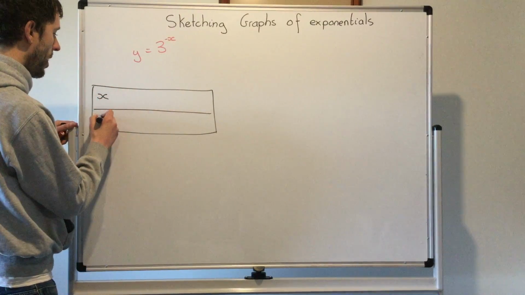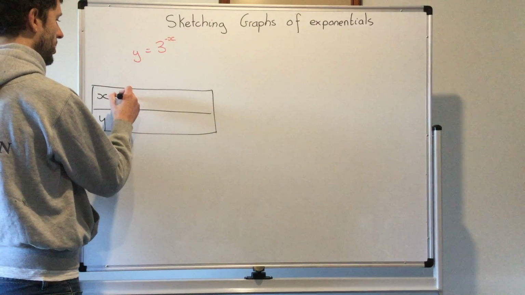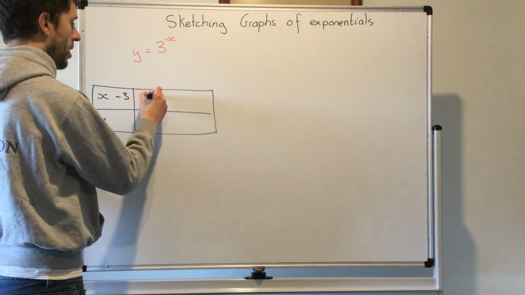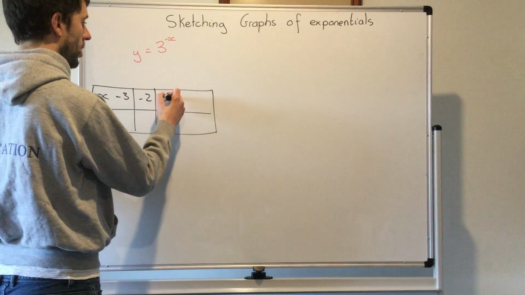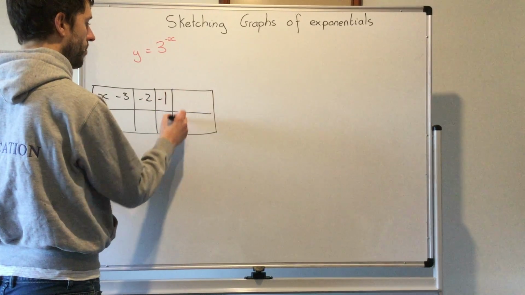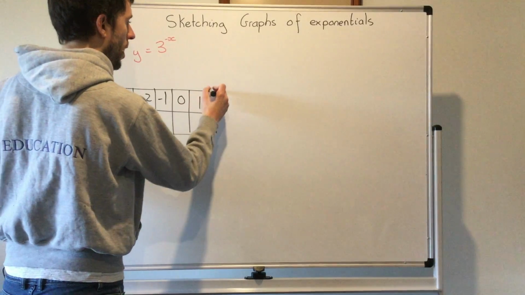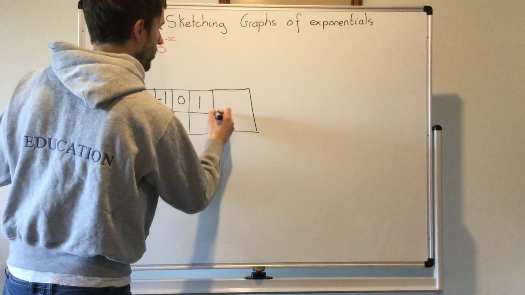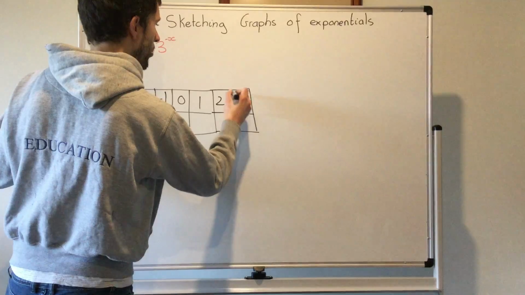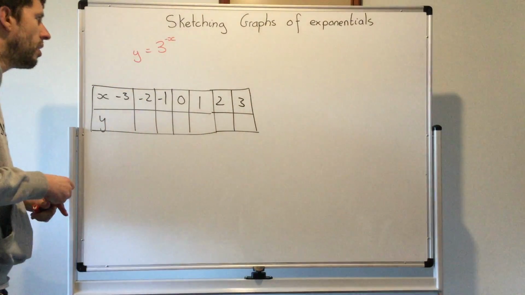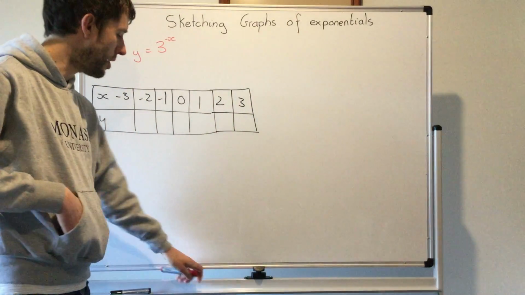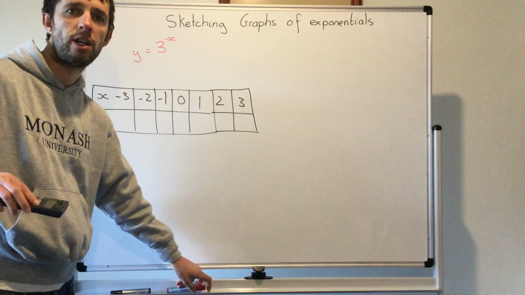We've got x value and we've got y value. I'm going to start with -3, -2, -1, 0, 1, 2, and 3. The first thing we need to do is think about what our values are.